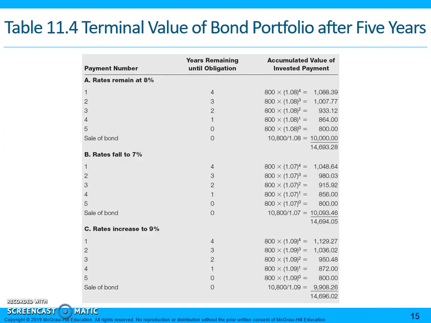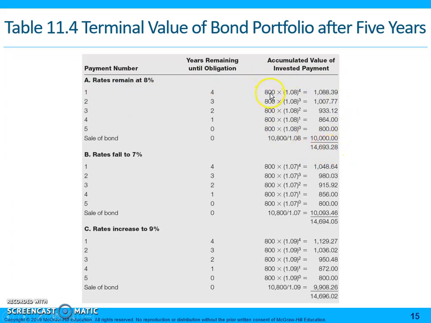So, Table 11.4 shows a bond portfolio after 5 years, and in A here, it's an 8% bond that is outstanding for 5 years, and then we're going to sell it after 5 years. So if interest rates don't change, we end up with $14,693.28.